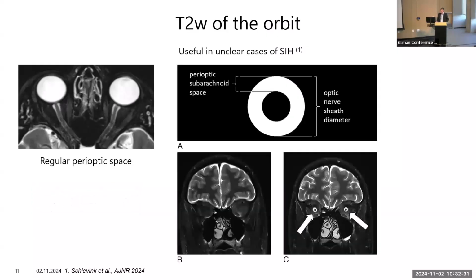Dr. Scheving recently reported on this MRI sequence and demonstrated that this is very useful in patients which are otherwise MRI imaging negative. And when you use these cutoff values, you have a high probability to find a CSF venous fistula in these patients.